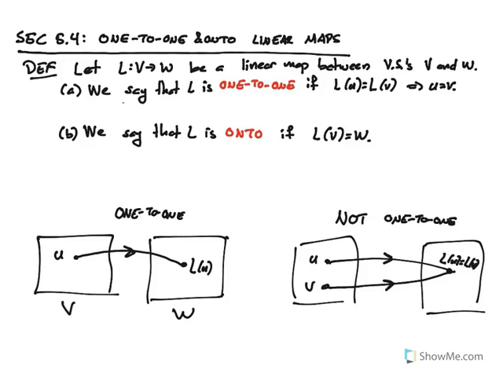Another way of expressing this, an alternative definition, would be to use the converse, which is to say that if U is not equal to V, then L of U is not equal to L of V. These two statements are logically equivalent, so you could use one or the other. Another name for this property is injective.